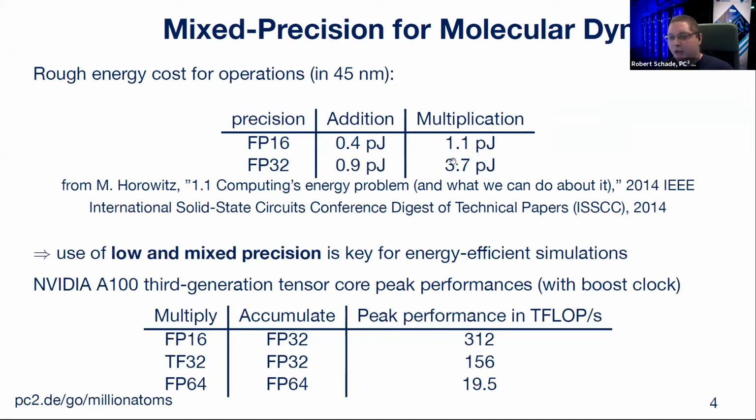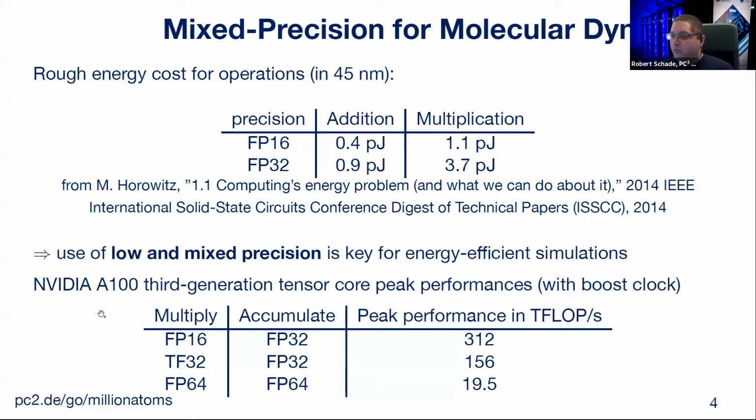If you go to multiplication, here in the last column, you see that the difference is already a factor of 4. And for double precision, the difference is even larger. That means in order to do energy efficient calculations on our large HPC systems, for large systems like viruses and so on, we really need to be able to use mixed precision calculations to be energy efficient.